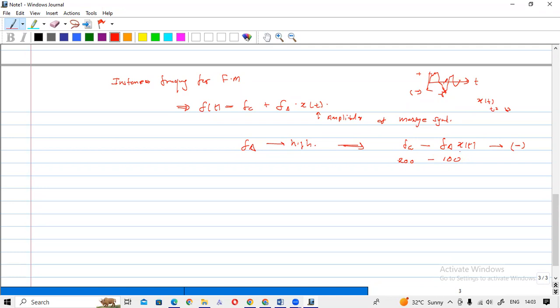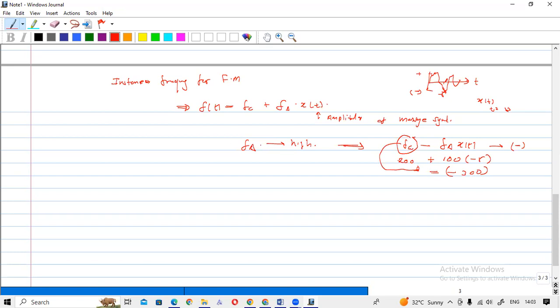So this xt will be minus 5. So it will be 200 plus 100 into minus 5, which means you will get a value of minus 300. So this frequency is a minus value. But this frequency cannot be a minus value.